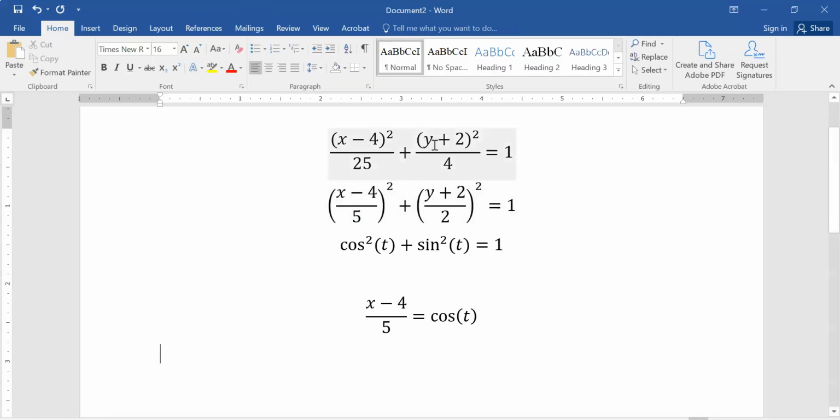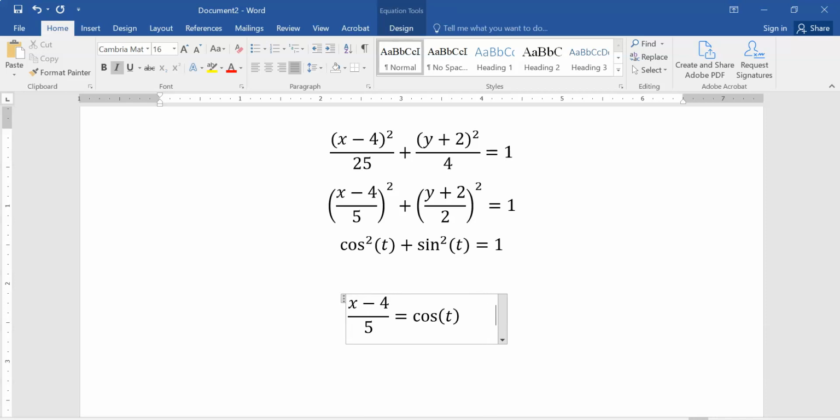And that second fraction, y plus 2 over 2, is going to have to be equal to sine of t.